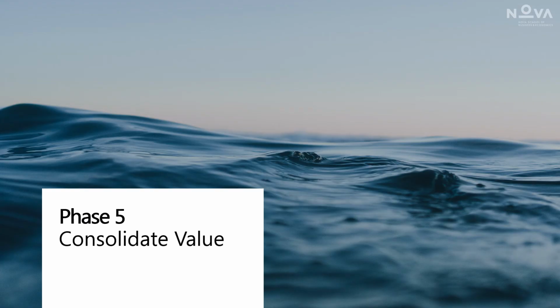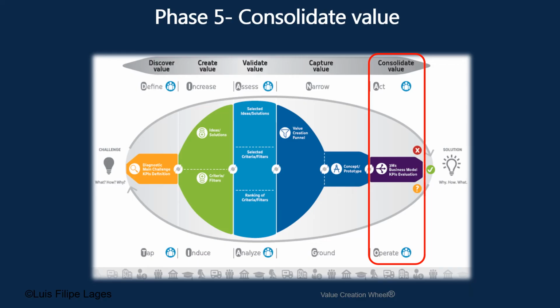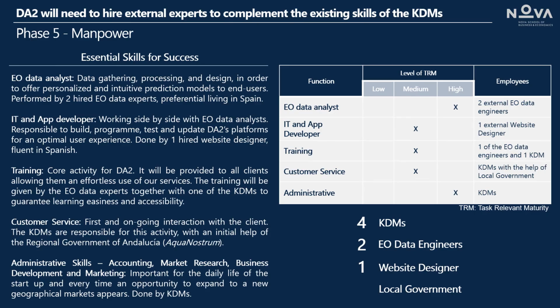At last, we reach phase 5. This phase is focused on consolidating value. Our team identified 5 main functions that we will need to master to succeed. Besides the 4 key DMs that will be responsible for the administrative functions, we will hire 2 EO data analysts and 1 website designer.